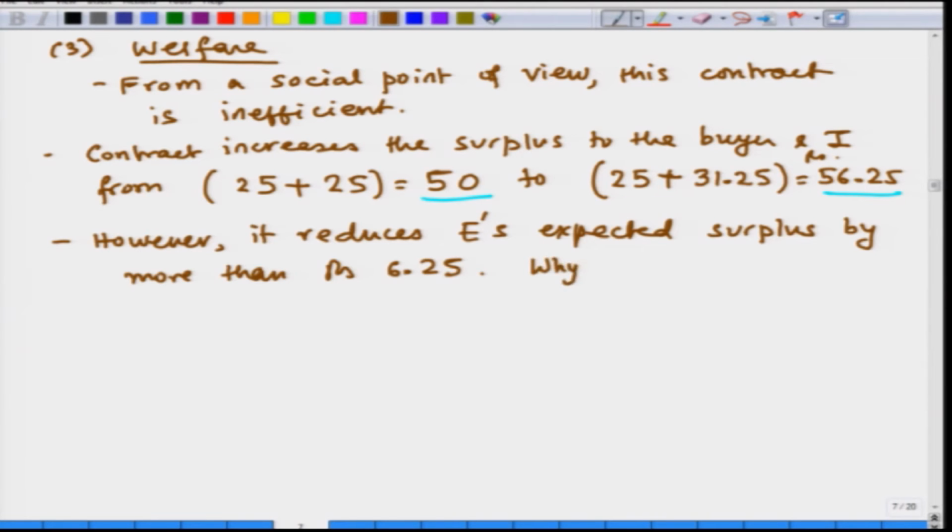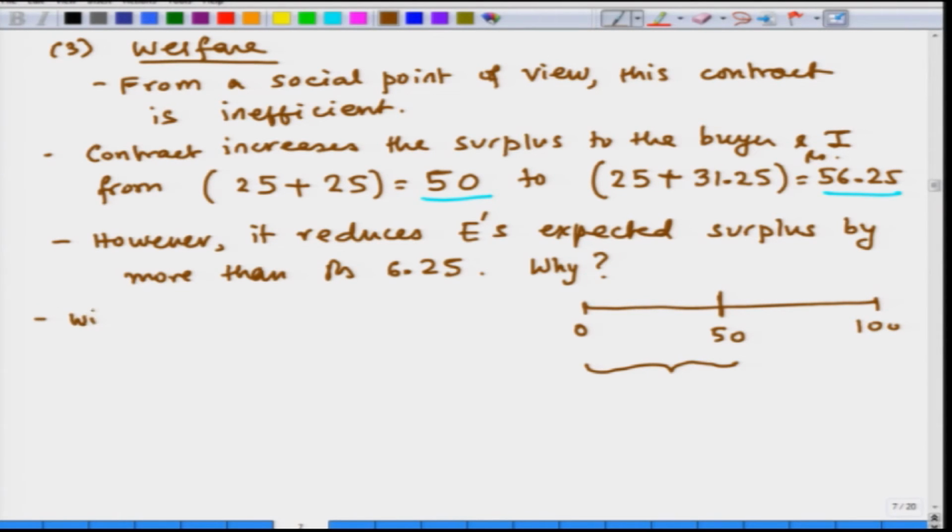So, let us ask why this is so. To answer this question, think of the following. So again this was the entrant's marginal cost, which is uniformly distributed in this interval. Prior to the contract, the entrant having marginal cost less than or equal to 50 was entering the market.